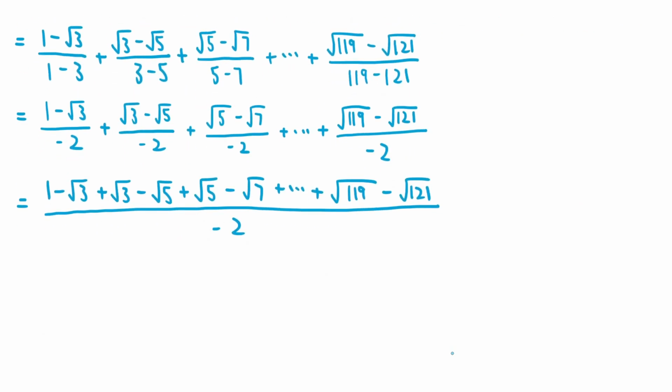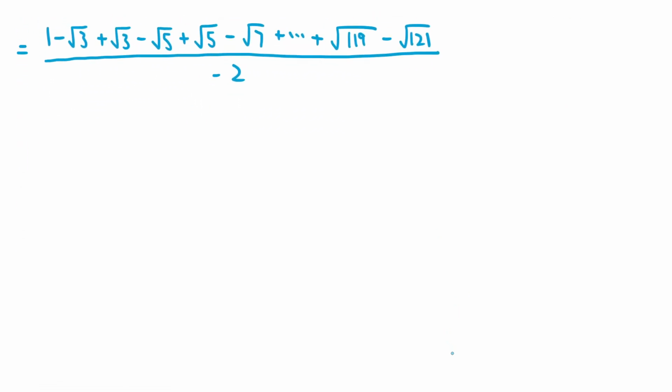So we can see that a lot of the terms cancel out, since negative square root of 3 cancels out with plus square root of 3, minus square root of 5 cancels out with plus square root of 5, negative square root of 7 cancels out with the plus square root of 7 that comes after that, and this continues until the second last term, where negative square root of 119 would cancel out with the plus square root of 119.